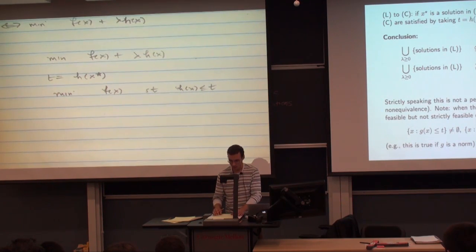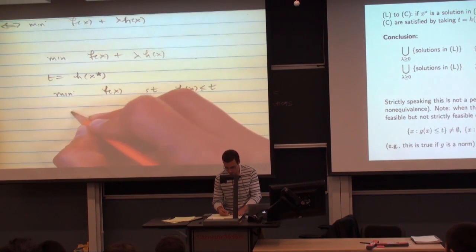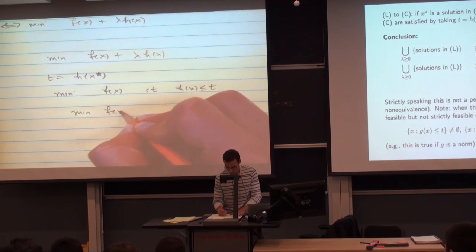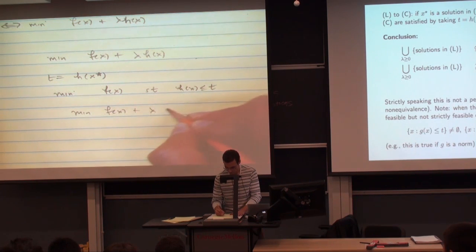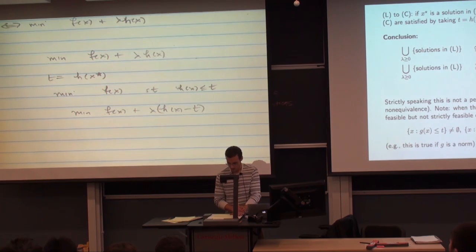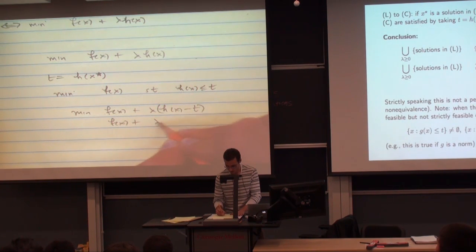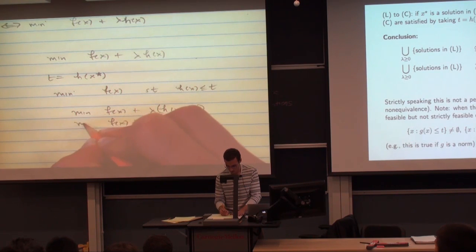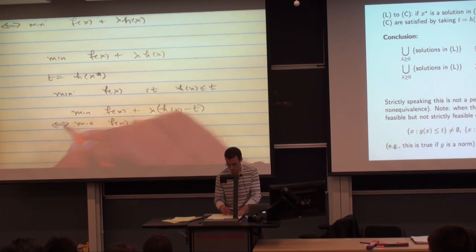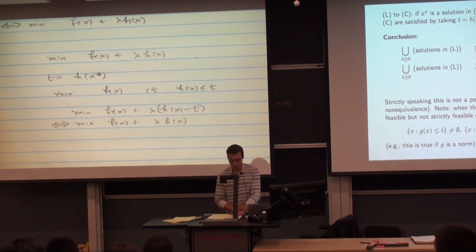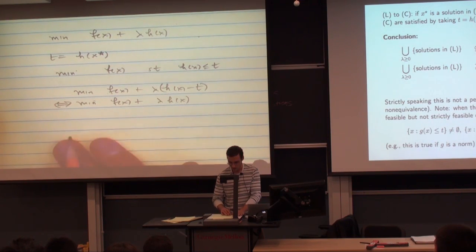Well, the stationarity condition is satisfied because of the fact that I chose x to minimize this. It's the same argument, right? Minimizing f of x plus lambda times h of x minus t is the same thing as minimizing f of x plus lambda h of x. So the stationarity condition is satisfied. How about complementary slackness?